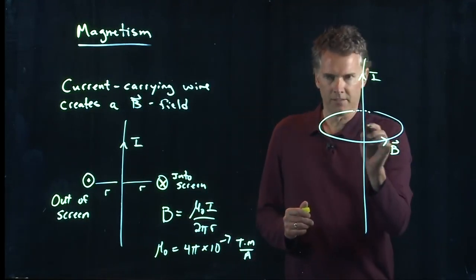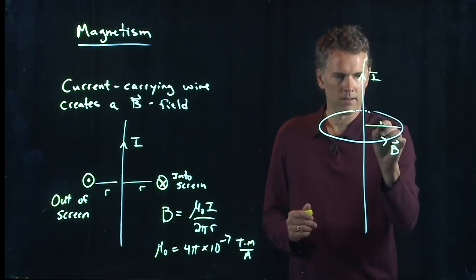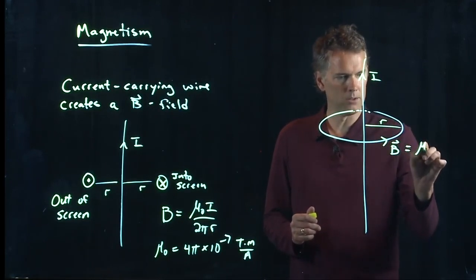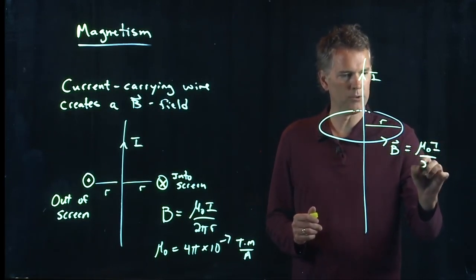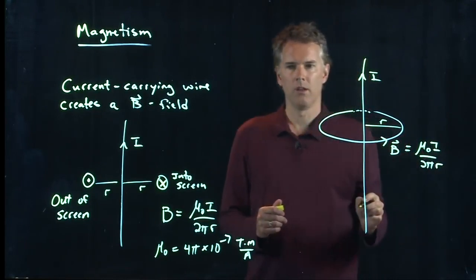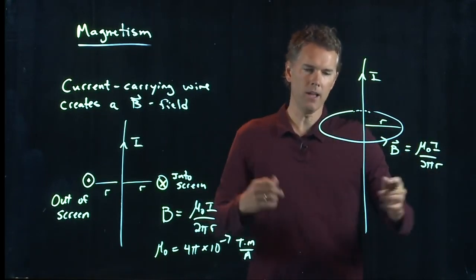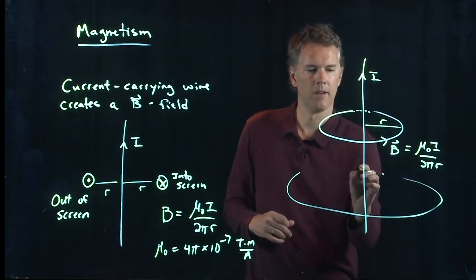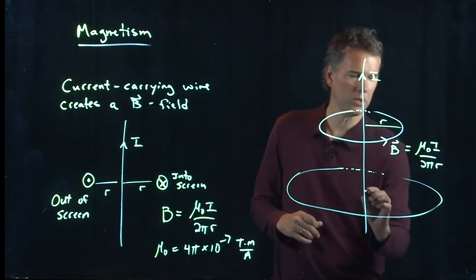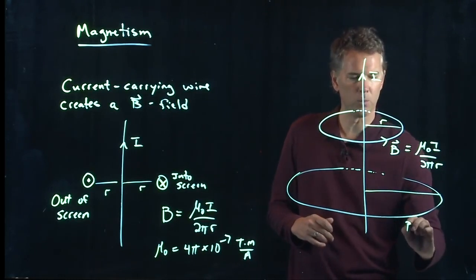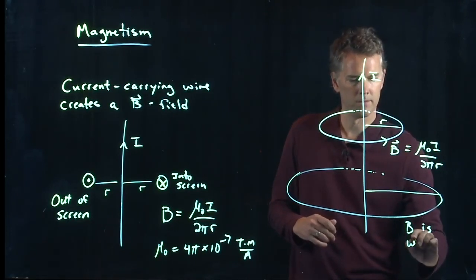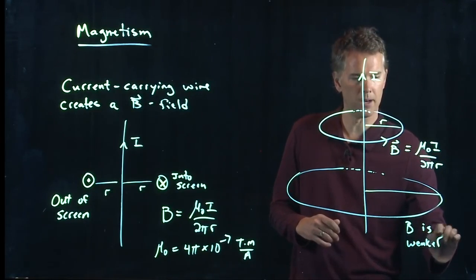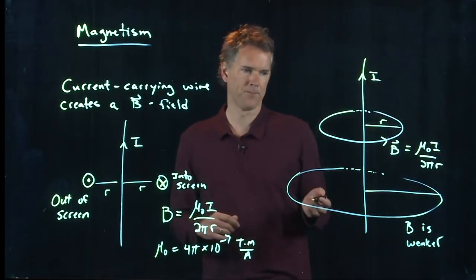B at this distance away has a magnitude mu naught I over 2 pi r. So as you go further away from the wire, like you would expect, B gets weaker. Right? There's r in the denominator, and so it gets weaker.